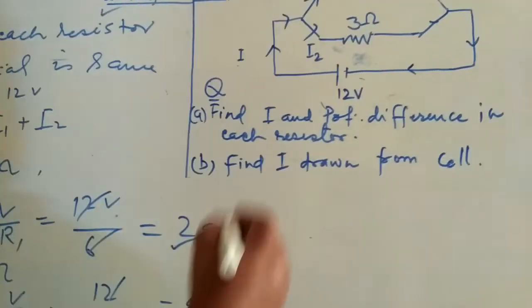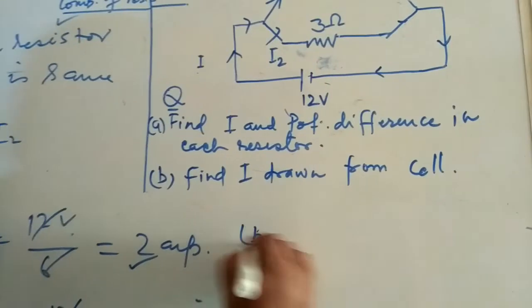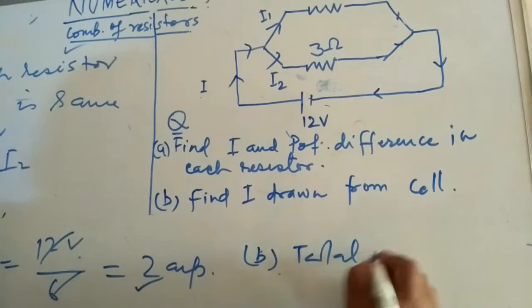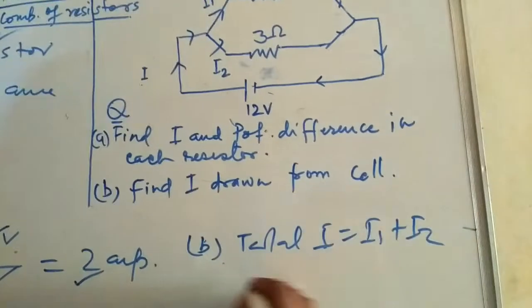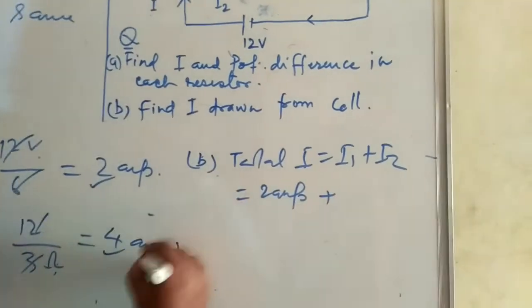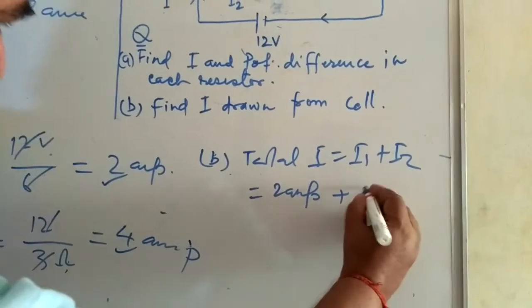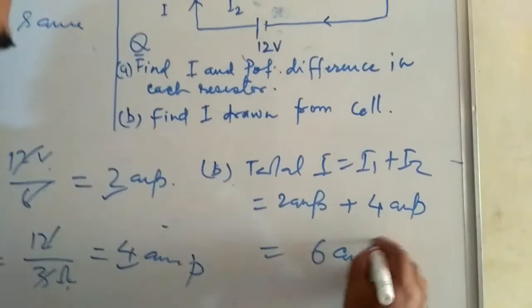Now third, the total current I is equal to I1 plus I2, where I1 is 2 ampere and I2 is 4 ampere, which equals 6 ampere of current.